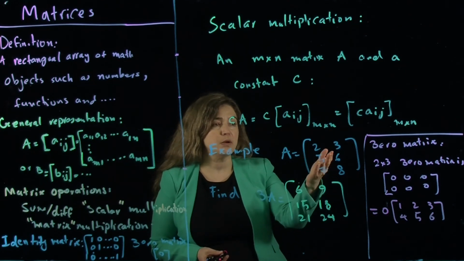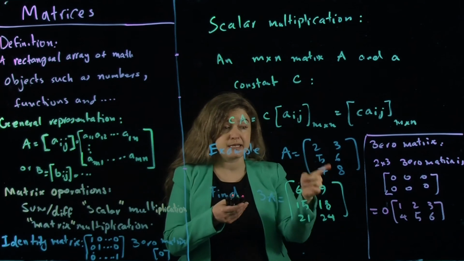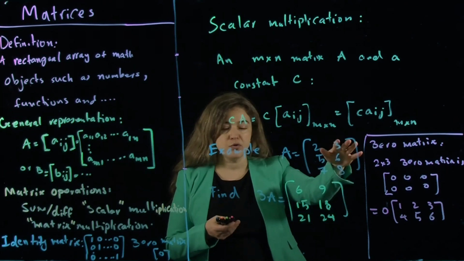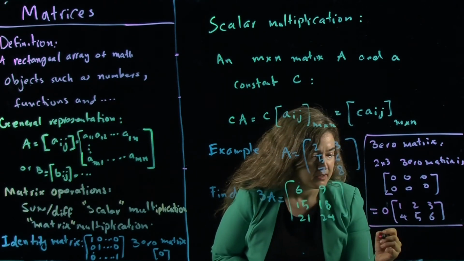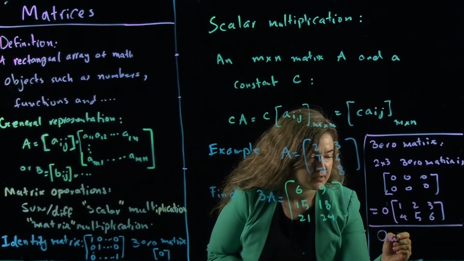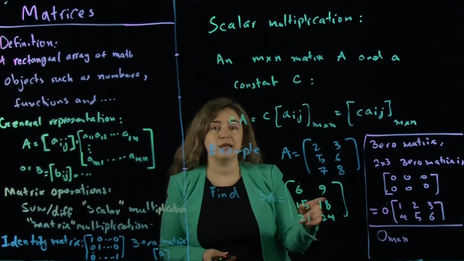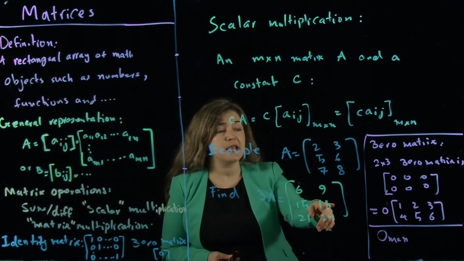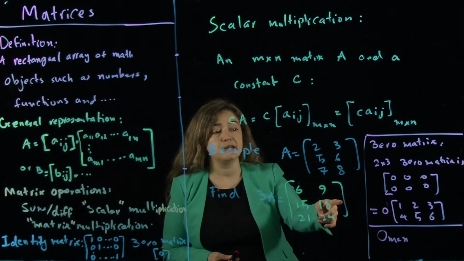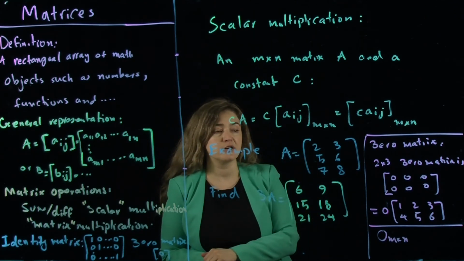The other way of showing the zero matrix is with a capital letter O and m by n underneath it. This means an m by n matrix in which all entries are 0.